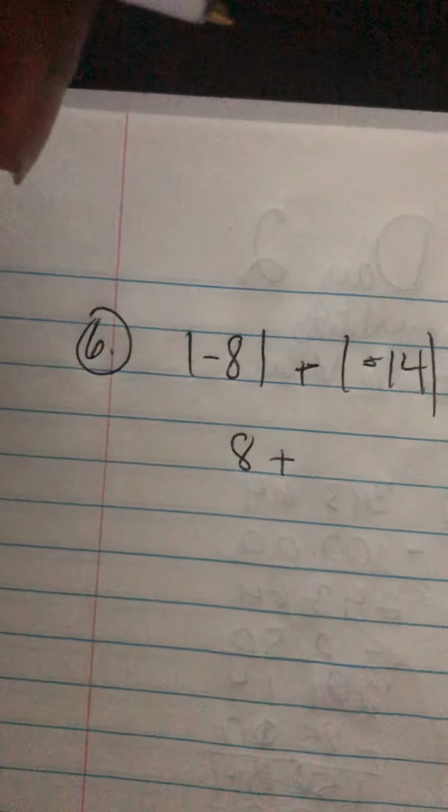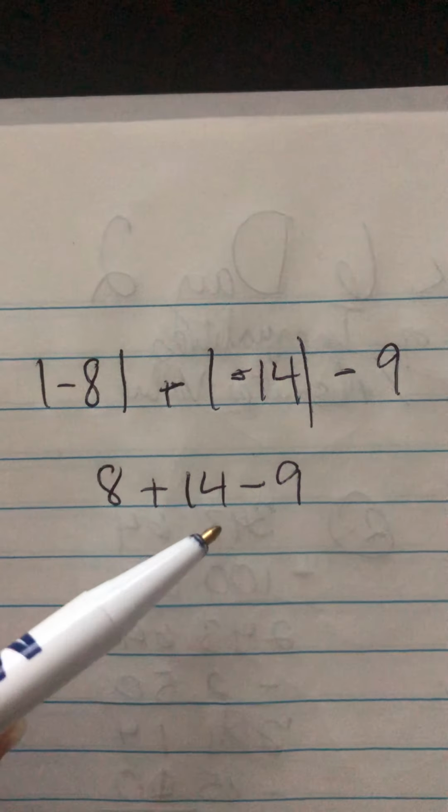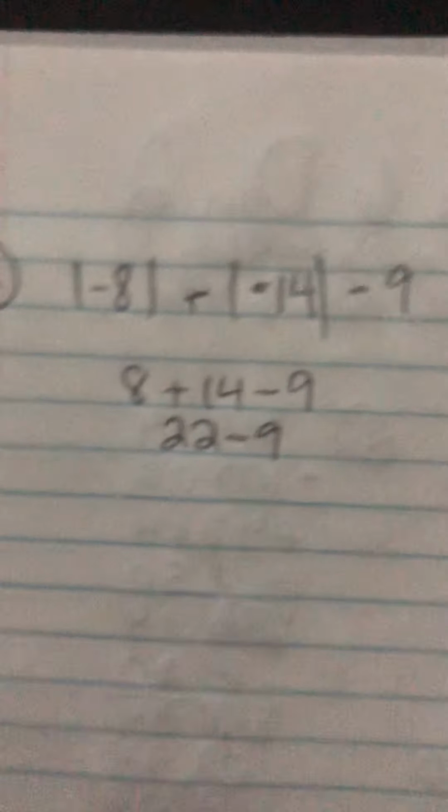The absolute value of negative 8 is 8, plus the absolute value of negative 14 is 14, minus 9. As I read from left to right, 8 and 14 gives me 22. 22 minus 9 gives me 13.